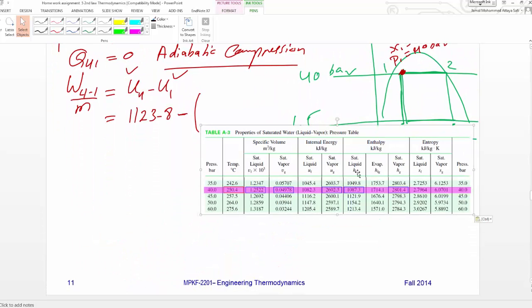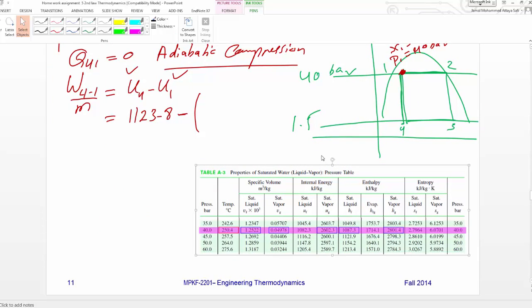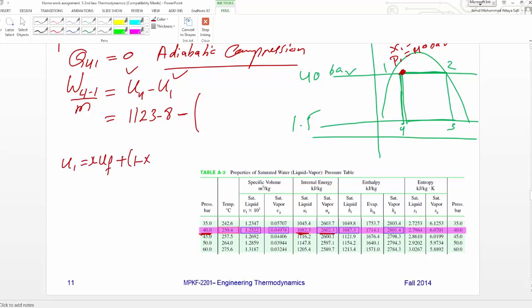So if we bring the table here, you can see that to find U1, I have X and I have also the pressure. So this is the pressure. So I read UF and UG, and so U1 will equal X UF plus 1 minus X UG.